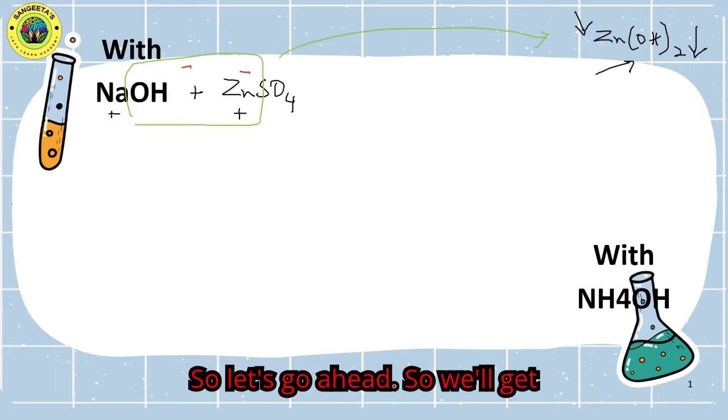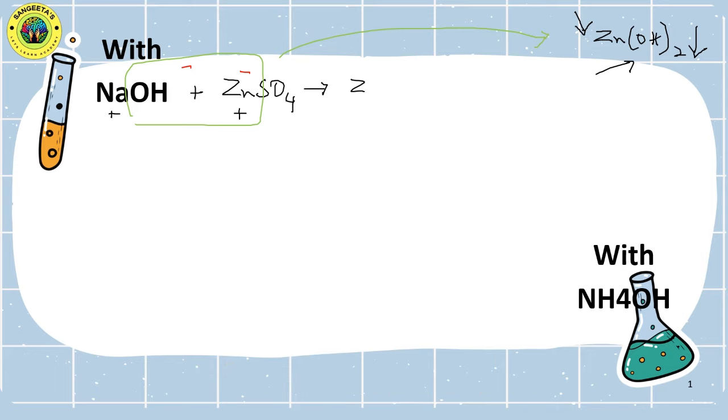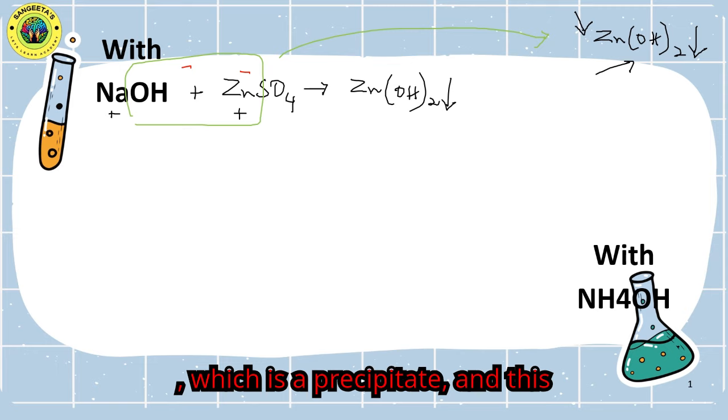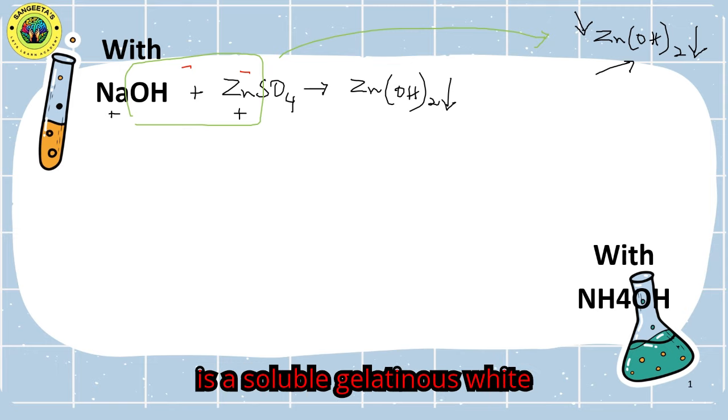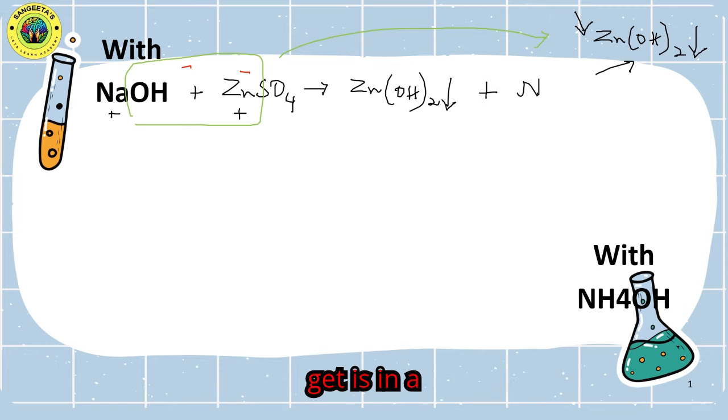So we'll get Zn(OH)2, which is a precipitate, a gelatinous white precipitate, and you will get Na2SO4. 2 Na is here, so we have to give 2 here. Does that balance the equation? Yes, it does.